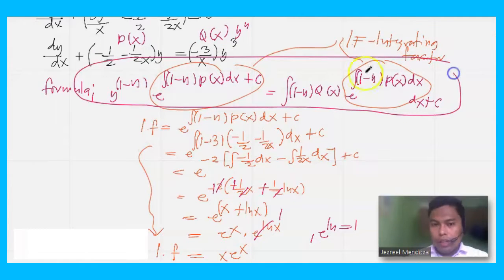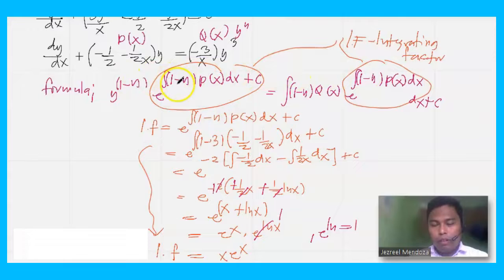If Bernoulli in y, the formula is y to the 1 minus n times e to the integral of 1 minus n p of x dx plus c is equal to the integral of 1 minus n p of x e raised to the integral of 1 minus n p of x dx. Okay, this one is actually the integrating factor, so don't worry.